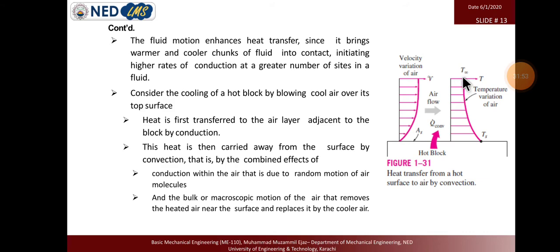So if we take this temperature as T infinity, h will be what we call the average heat transfer coefficient, and the temperature will be the average temperature. But if we need to take the temperature at this point, we also need to take h at this point. It is called the local convection heat transfer coefficient, and the temperature will be the local temperature.